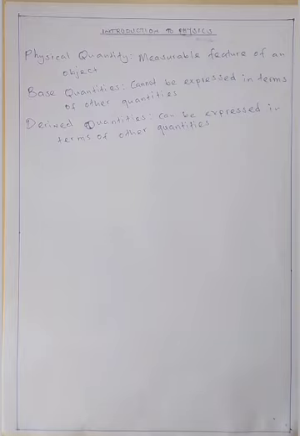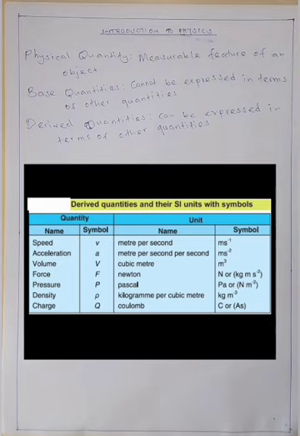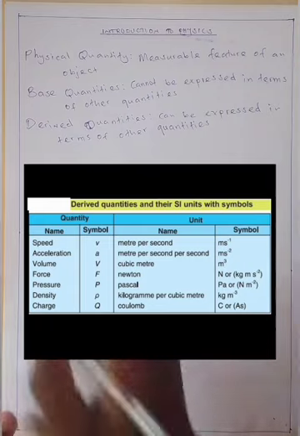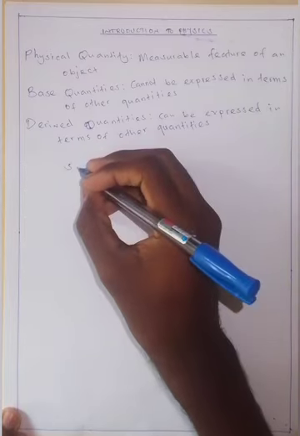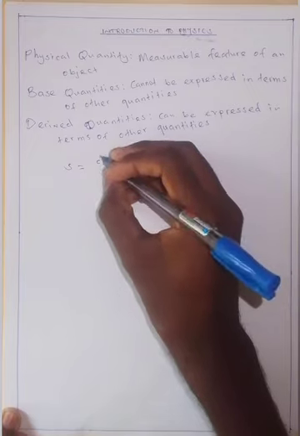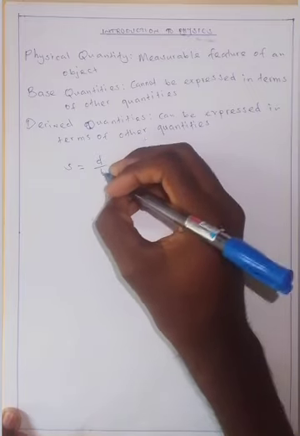Some good examples are in the table of derived quantities: speed, acceleration, volume, force. Now, why do we say they are derived quantities? For example, speed. We know the formula for speed: I'll use letter S for speed. Speed is equal to distance over time.